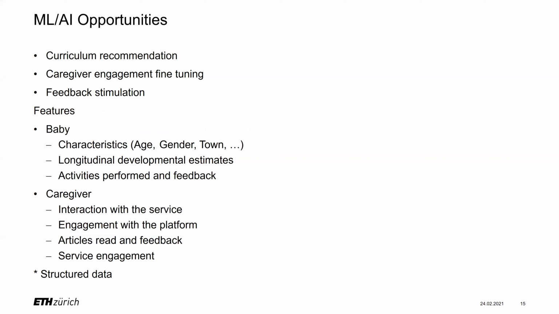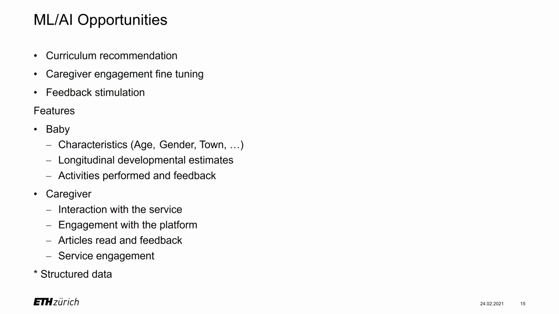And the features that we can use from this data for the machine learning or artificial intelligence side would be, for example, the baby characteristics, the age of the baby, so how many months old the baby is, the gender, or the region in Peru or the town within that region.